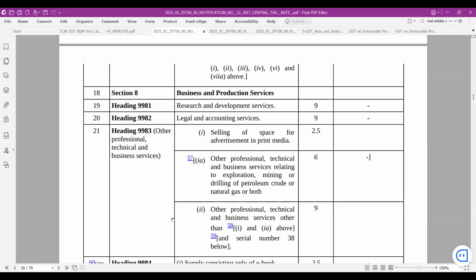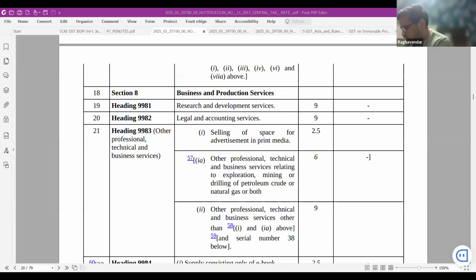I've shared that screenshot in the group, Raghavan. I'm just reading the explanatory note on the 9972. 997211 reads as rental or leasing services involving own or leased residential property.